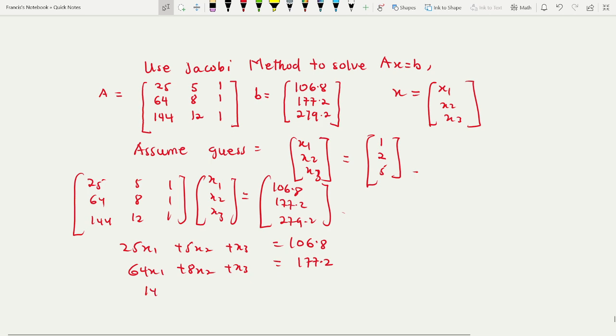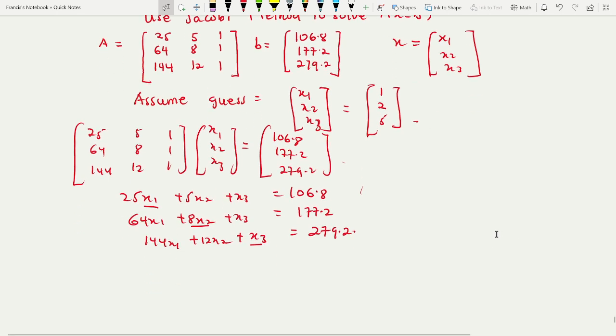Then I'll have 144x1 plus 12x2 plus x3, and that is going to give me 279.2. So having these three equations, as I said, you are supposed to make each unknown the subject. So here we make x1 the subject, here we make x2 the subject, and here x3 the subject, right? Yeah, so that's what you are going to do here.